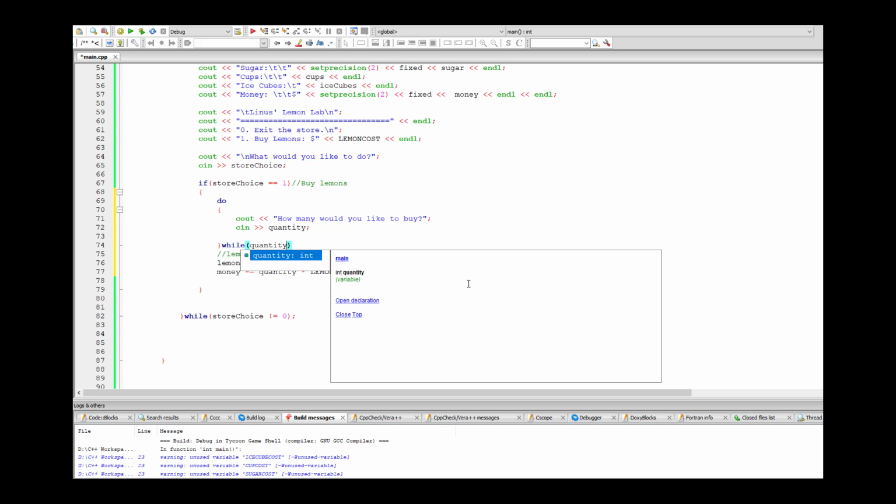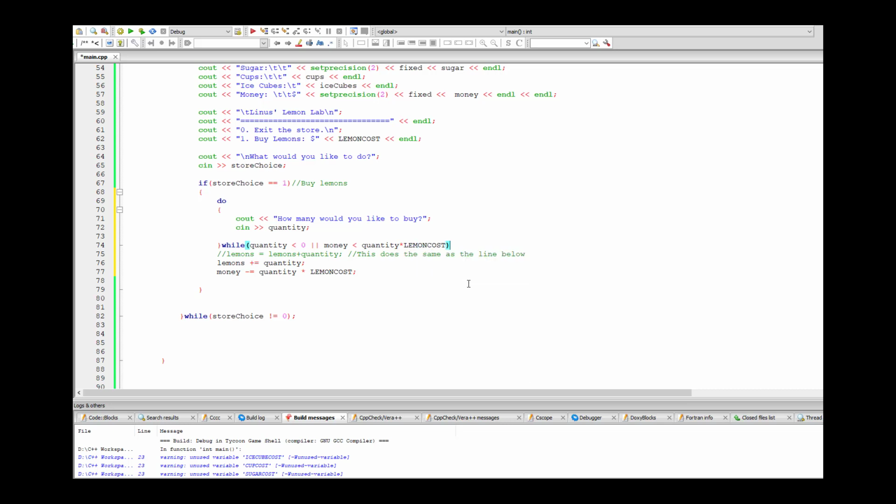So we repeat this while quantity is less than 0 or money is less than the quantity times the lemon cost. This means they chose a negative amount, or they don't have enough money to buy what they wanted.